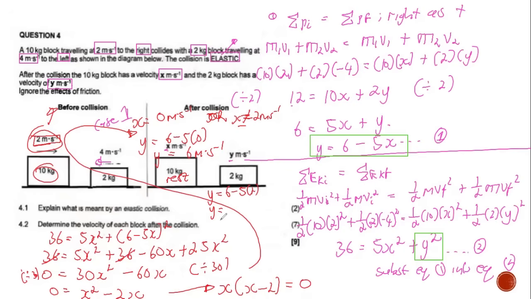Then y is equals to 6 minus 5 times 2. Then this is giving us negative 4 meters per second, which again does not make any sense, because now it cannot be the same velocity. So which is why we discarded the 2. So let's do away with the 2 and the negative 4 here.